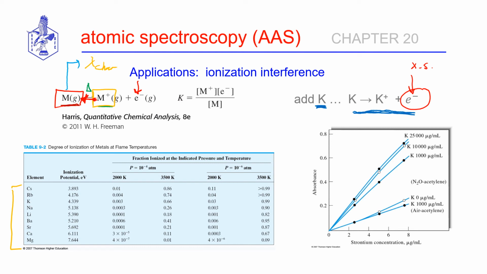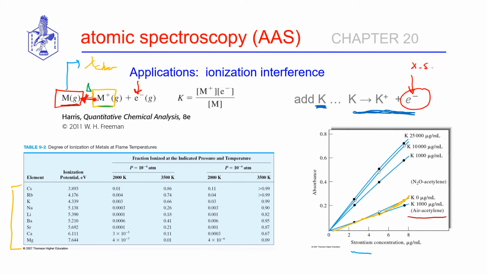So looking at the data at the lower right here, we're analyzing the element strontium. In the lower two plots of calibration curves, we're using an acetylene flame, so that's a lower temperature flame. You can see in the upper plot, into which we've added no potassium, it's linear and then it starts going up.